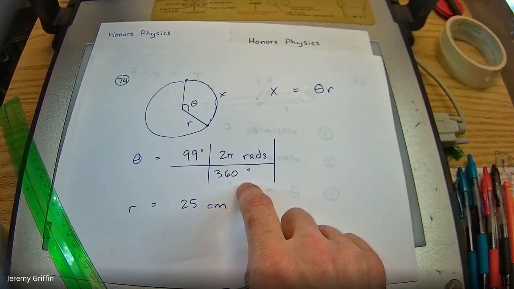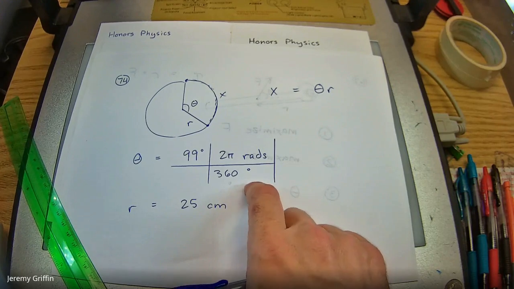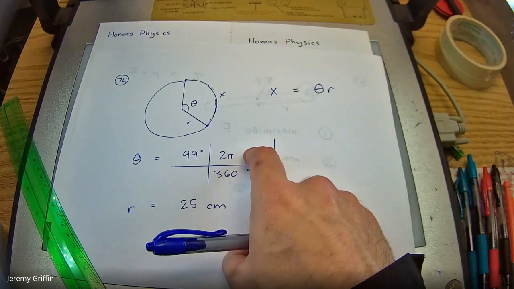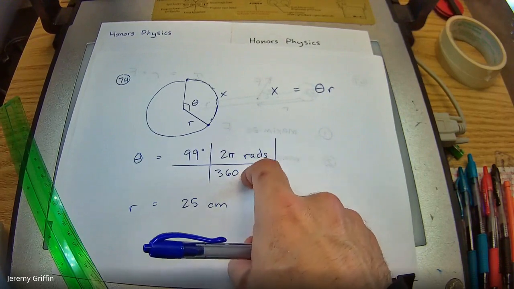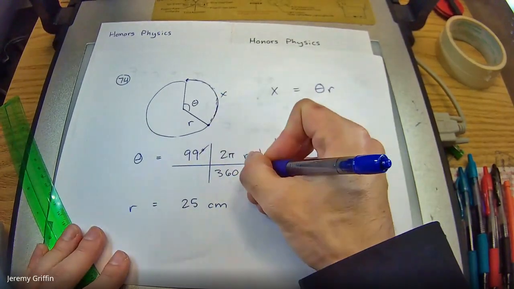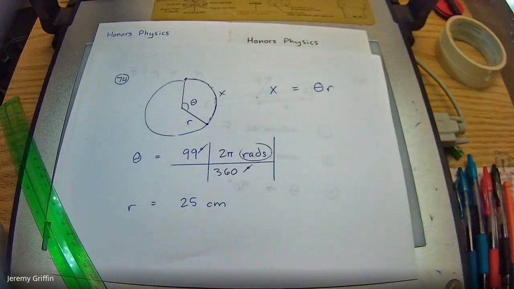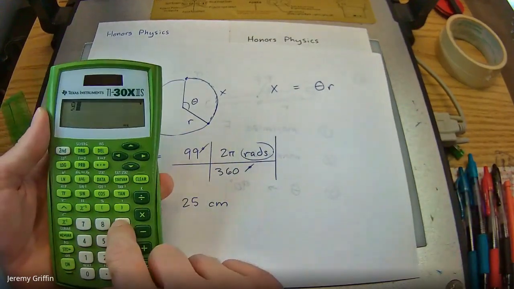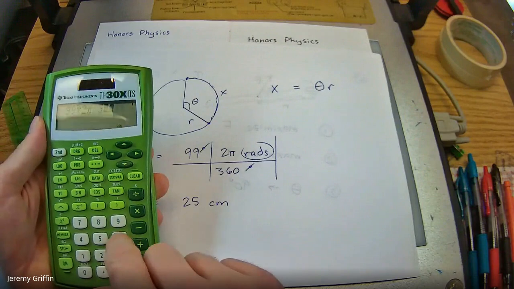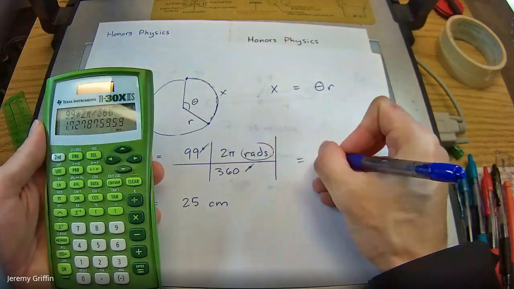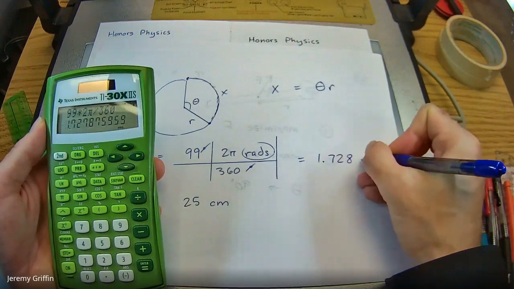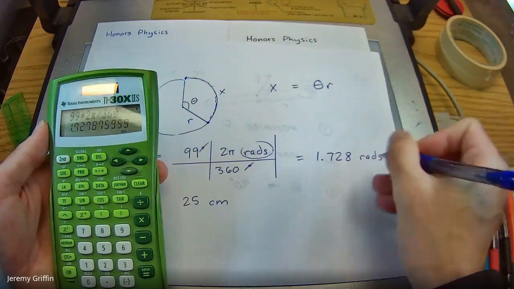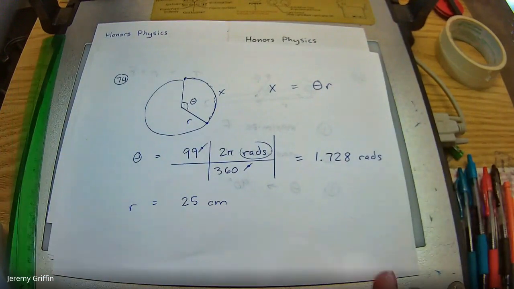Sometimes in a pre-calc or trig book, what they'll say instead is to multiply by pi and divide by 180. Because you see that 2 pi over 360 is the same thing as pi over 180. Degrees cancel, we're going to end up with radians. So what is 99 times 2 pi over 360? This is 1.728 radians. Now, really, that's too many digits, but I'm going to save my rounding for the very end.